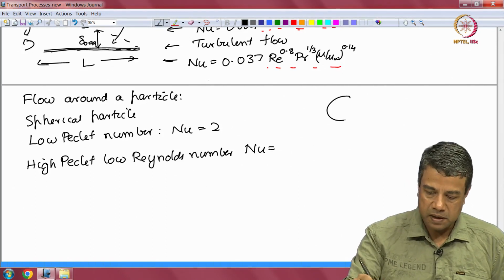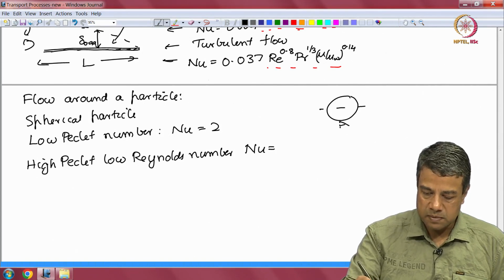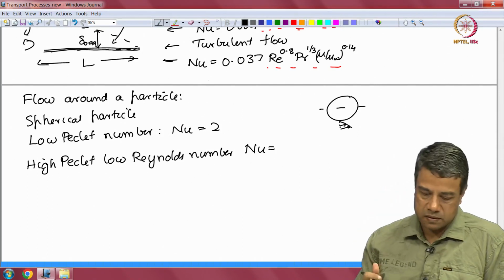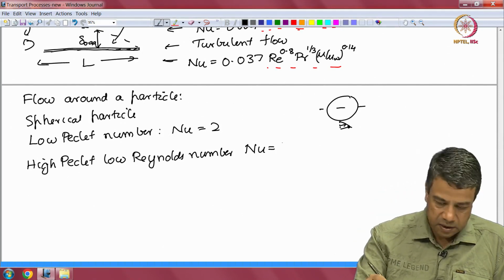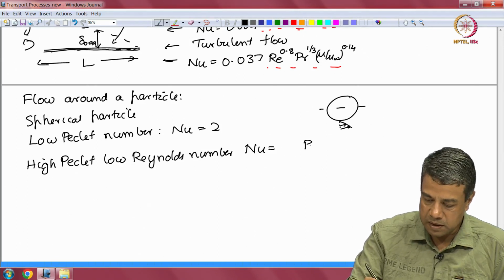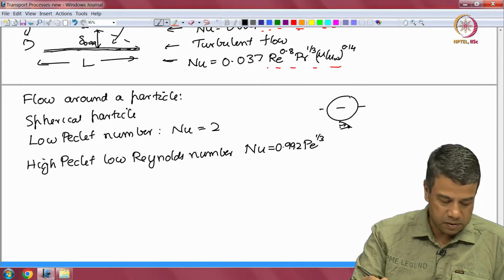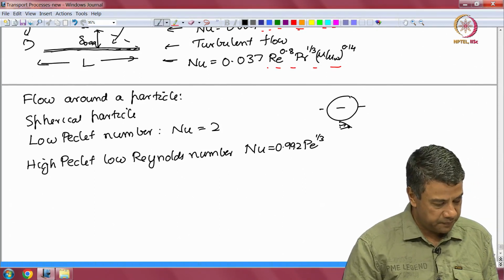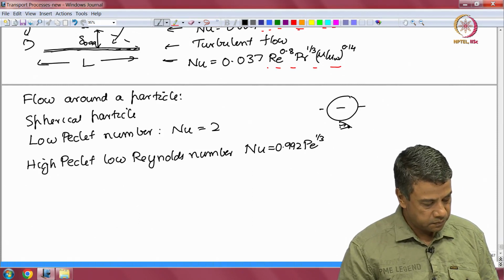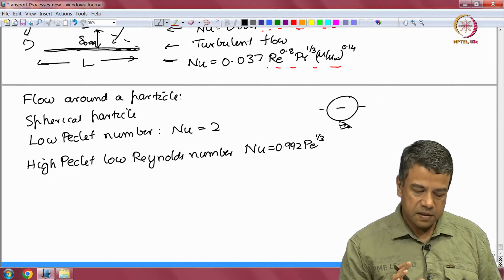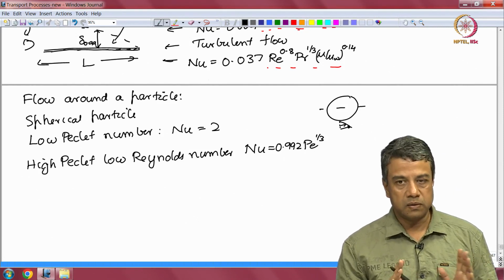So, we are considering a particle whose velocity comes to 0 at the surface, and you know that this has to be proportional to Pe power 1/3. There is a no slip condition and the coefficient can be calculated. This is for a specific case where you have high Peclet and low Reynolds number.